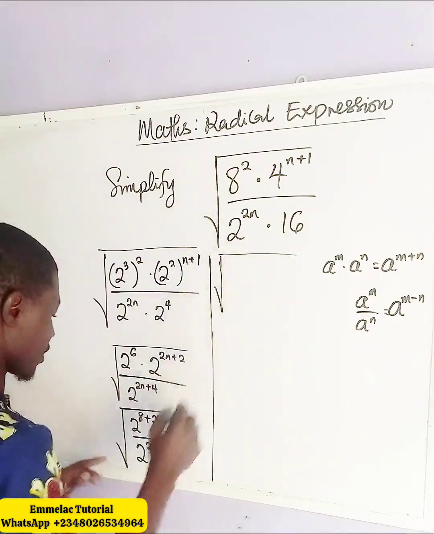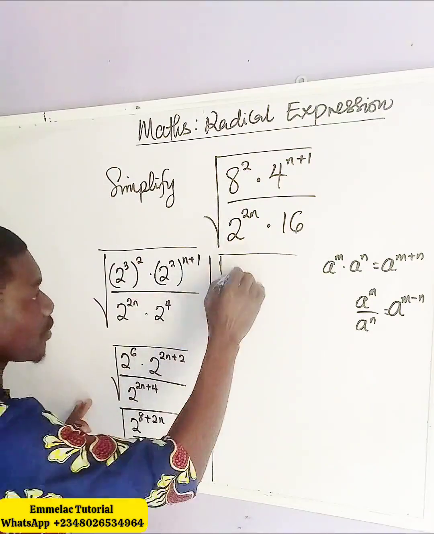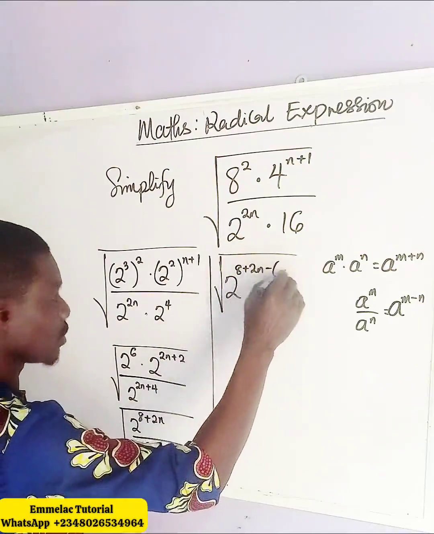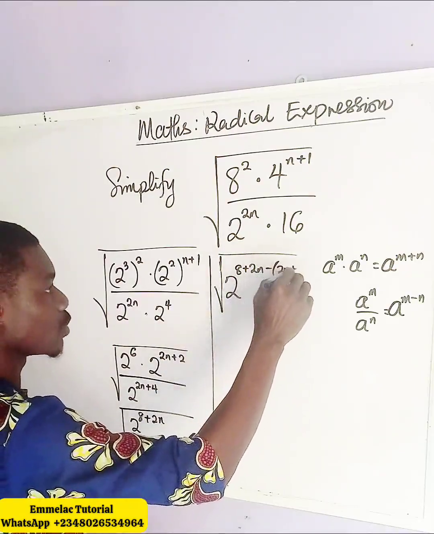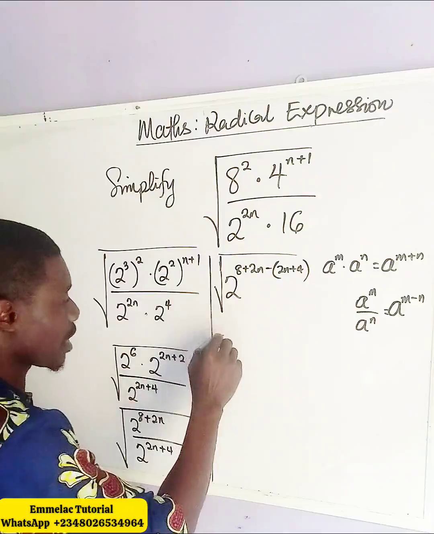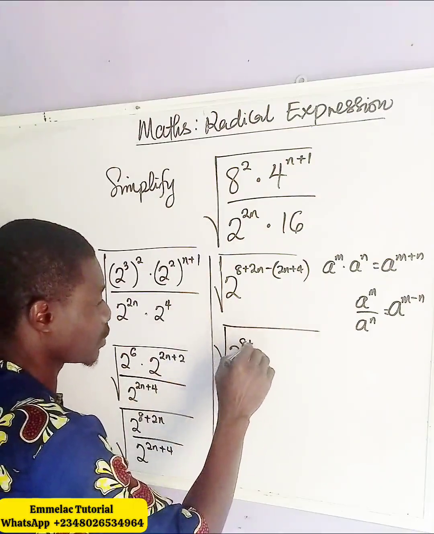Now since we have the same base, this is 2 raised to the power of 8 plus 2n, then minus, take note, 2n plus 4. So at this point we have 2 raised to the power of 8 plus 2n.